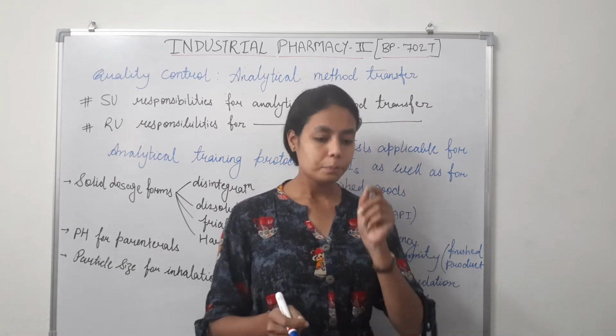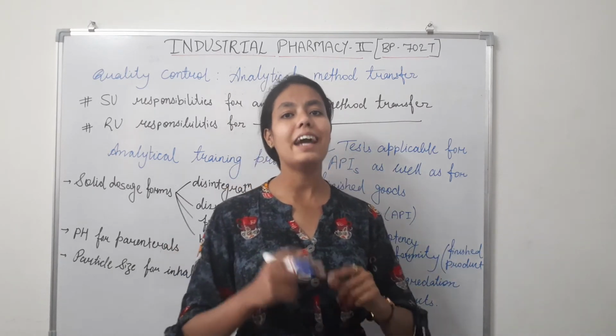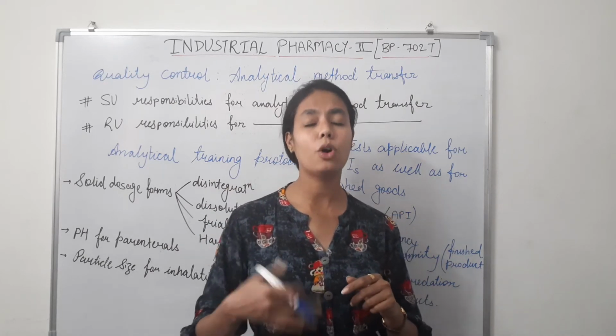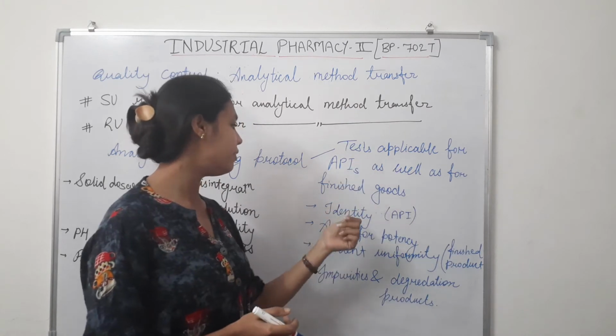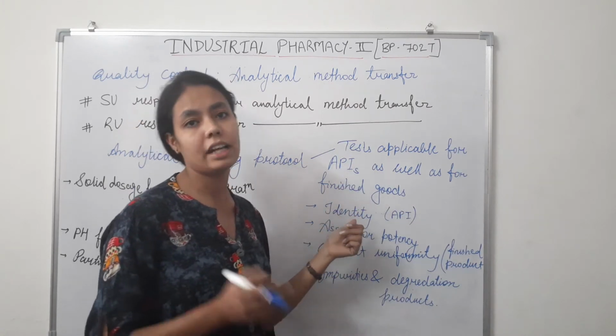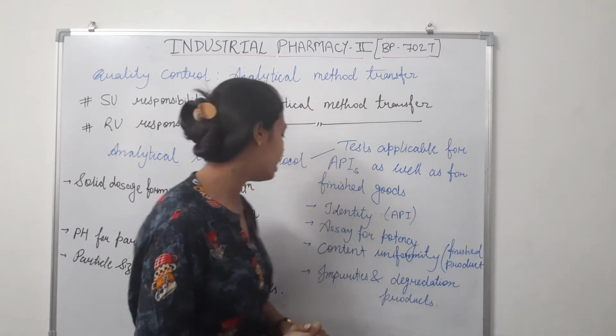After that, relevant tests which are applicable to the APIs and finished pharmaceutical products include the identification test for the API, and assay for the potency, which is also applicable for the APIs.